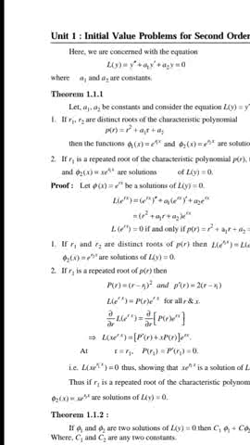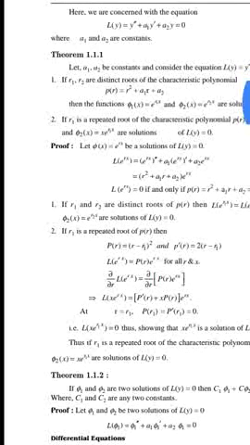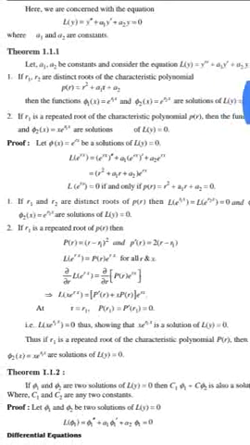Therefore, r square e raised to rx plus a1r e raised to rx plus a2 e raised to rx, and taking common, r square plus a1r plus a2 into e raised to rx. Therefore, L of e raised to rx is equal to 0 implies that p of r is equal to r square plus a1r plus a2 is equal to 0.